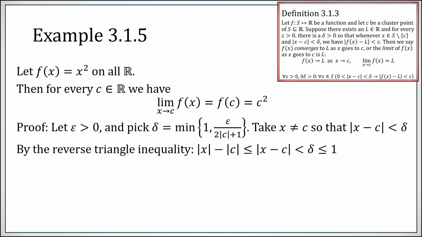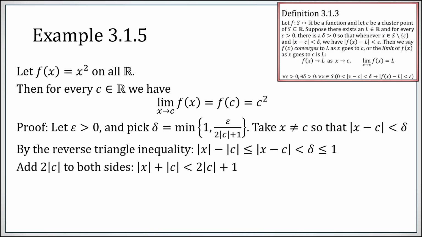Now we're going to apply the reverse triangle inequality, one of the few times we really do in this course. The absolute value of x minus the absolute value of c is less than or equal to the absolute value of x minus c, which is less than delta, because remember we assumed that the absolute value of x minus c is less than delta, and delta was whichever of these two things is smaller, so delta is definitely less than or perhaps equal to 1.